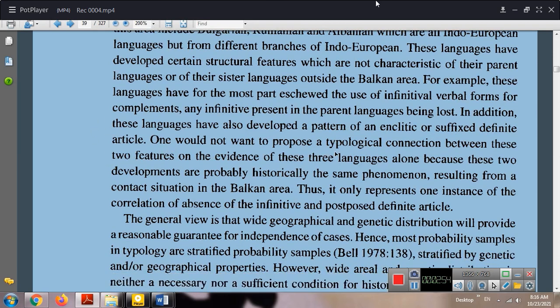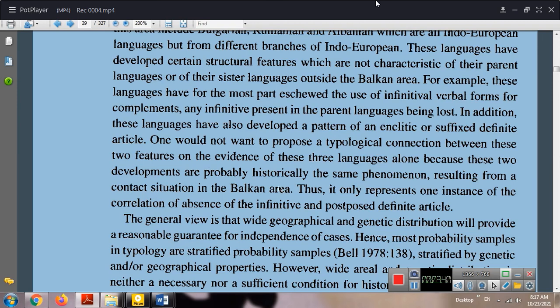One would not want to propose a typological connection between these two features on the evidence of these three languages alone, because these two developments are probably historically the same phenomenon resulting from the contact situation in the Balkan area.